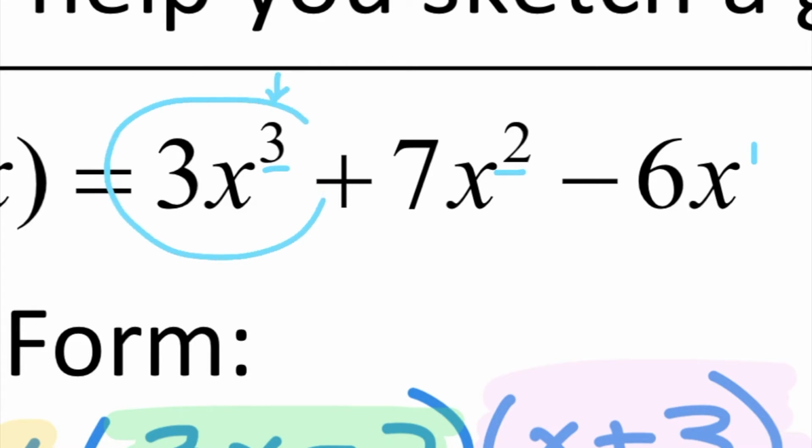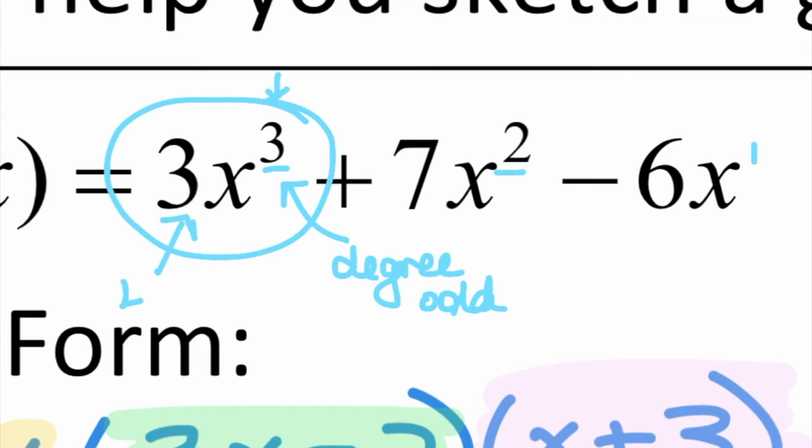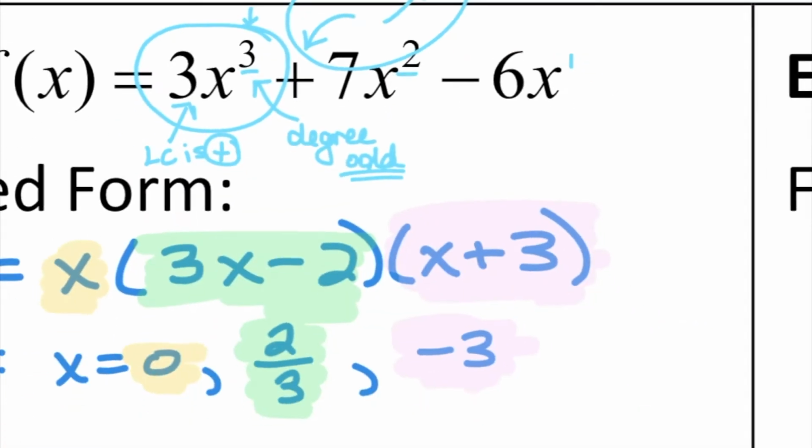And this first term, your degree is odd, and your leading coefficient is positive. So the leading coefficient positive tells you that the right end goes up, and your odd degree tells you that the ends are going in opposite directions. And so your end behavior is going to look something like this.